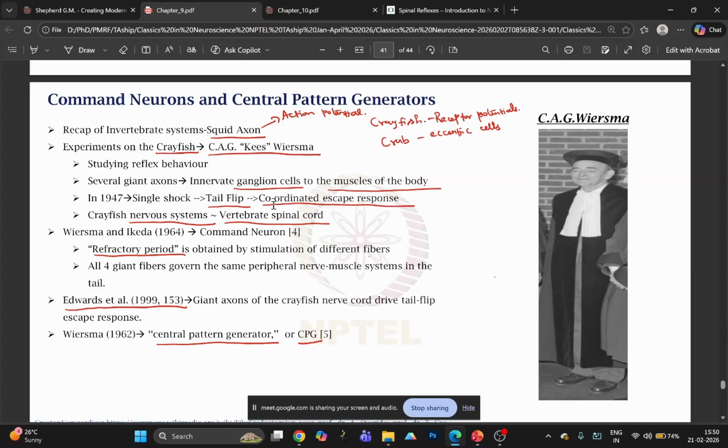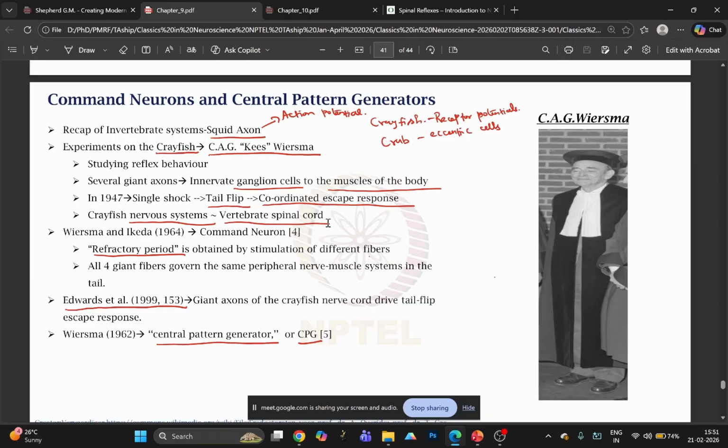So this indicates a very complex behavior, right? Because the crayfish generally flip their tail as an escape response. So it's a very coordinated escape, a behavioral response at a very large scale that is being carried out by the stimulation of shock of a single axon.